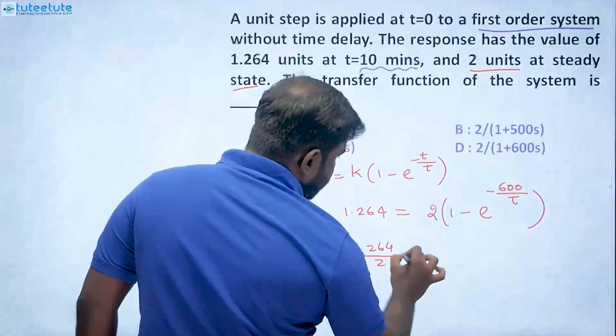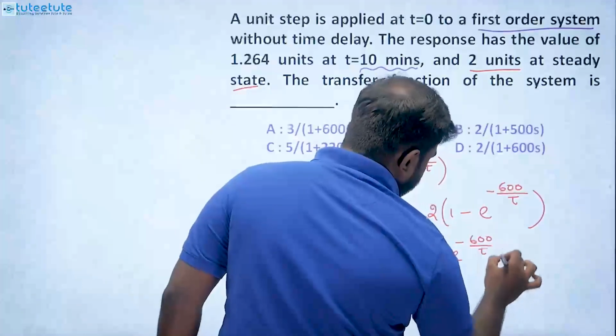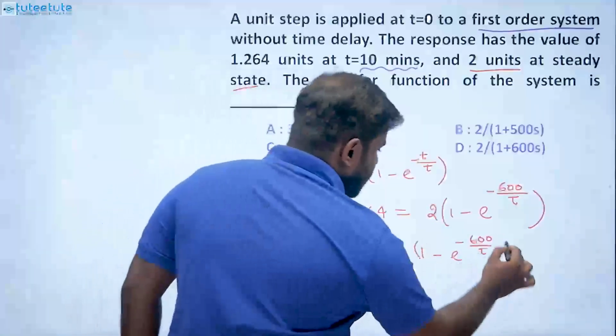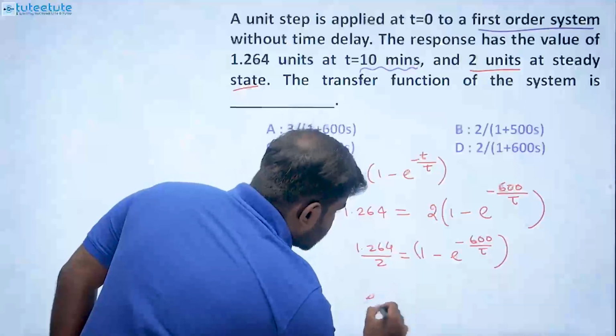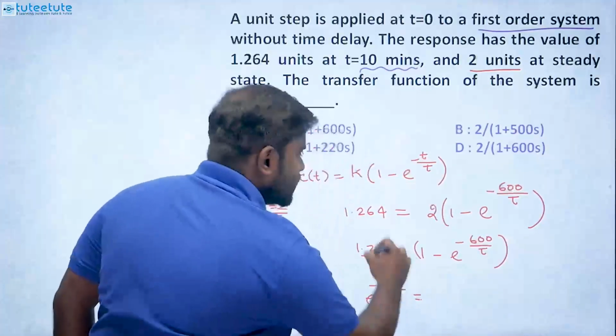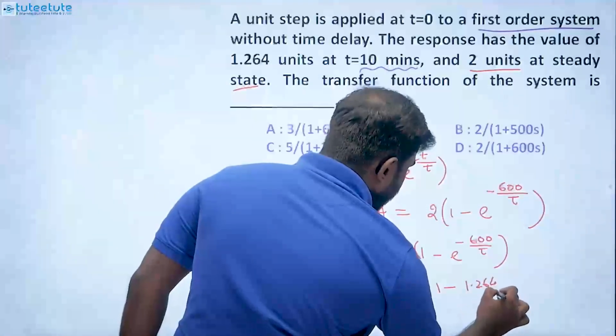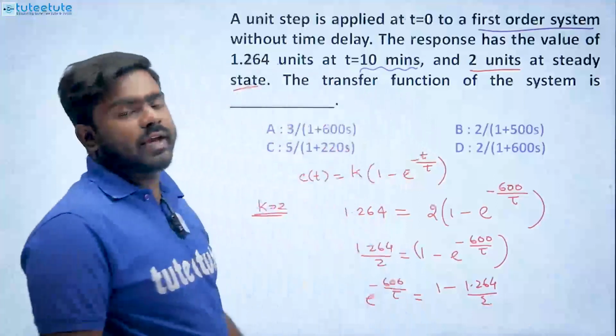So 1.264 divided by 2 is 1 minus e raised to minus 600 by tau. Now e raised to minus 600 by tau is equal to 1 minus 1.264 by 2. I don't have a calculator, that's why I cannot do it.